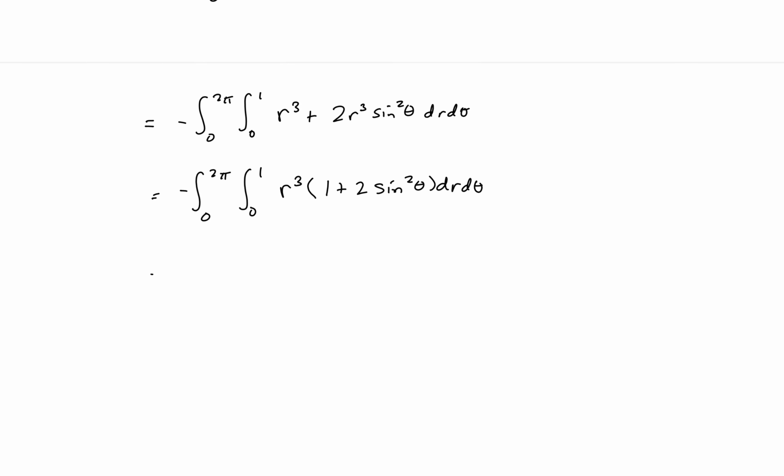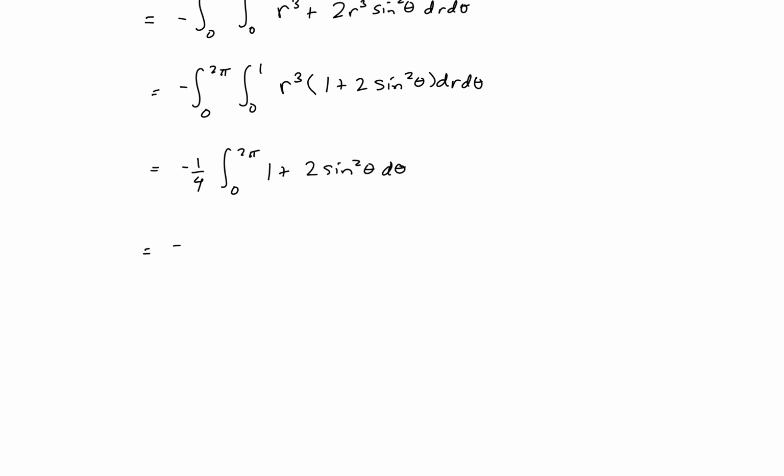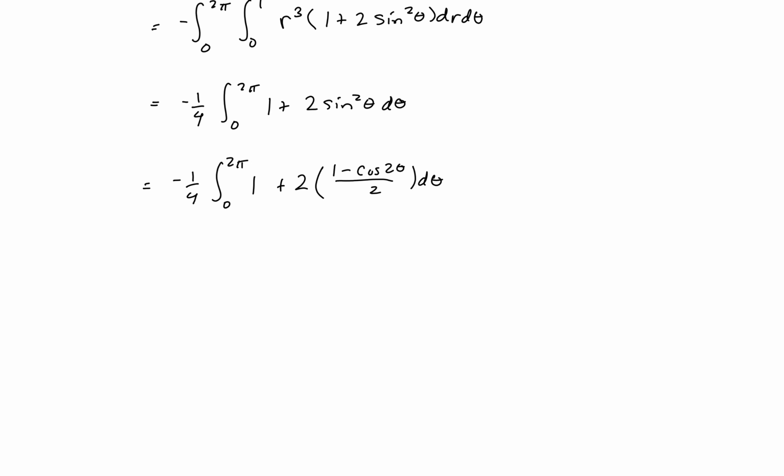So integrating this first part, I get a minus 1/4 from the r to the third, and then the integral from 0 to 2 pi of 1 plus 2 sine squared theta d theta. And now we're going to use a trig identity here to do this integral. So from 0 to 2 pi, let's leave that 1 alone, and then we're going to replace the sine squared with 1 minus cosine of 2 theta over 2 d theta.